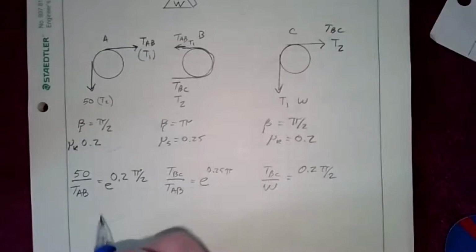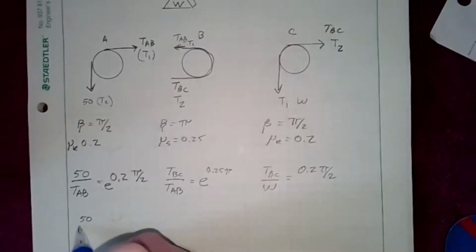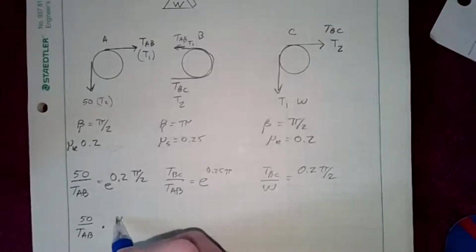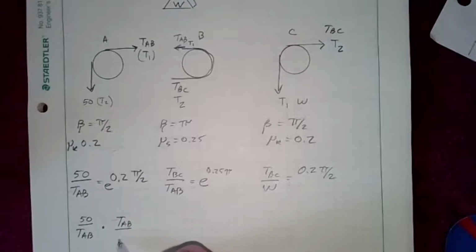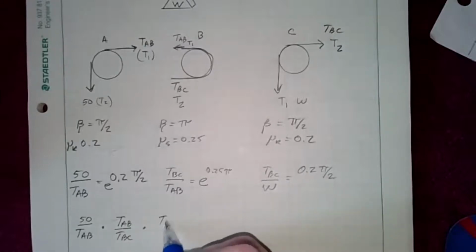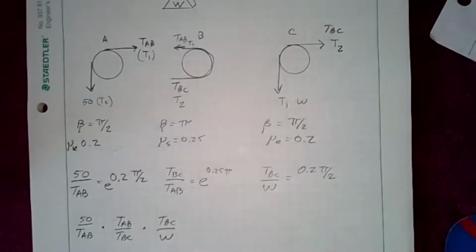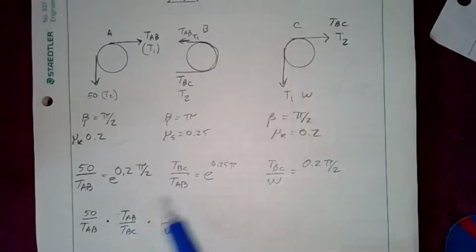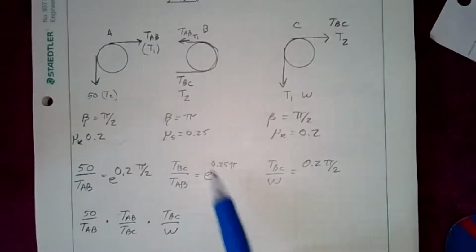So another way to write this is 50 over TAB times TAB over TBC times TBC over weight. Now you'll notice that I flipped the TAB and the TBC, so I have to account for that with a negative sign here.